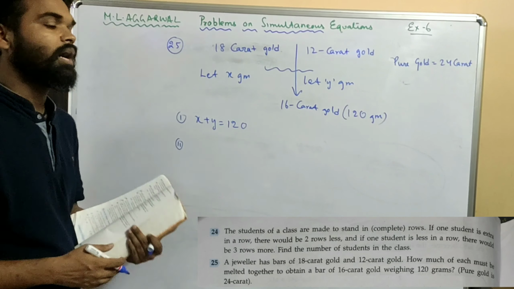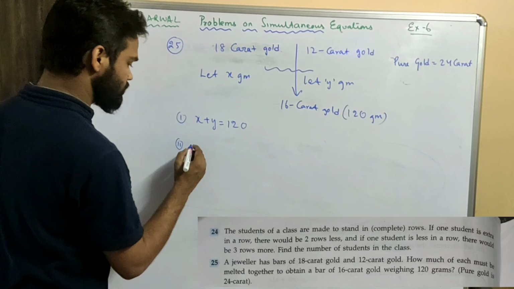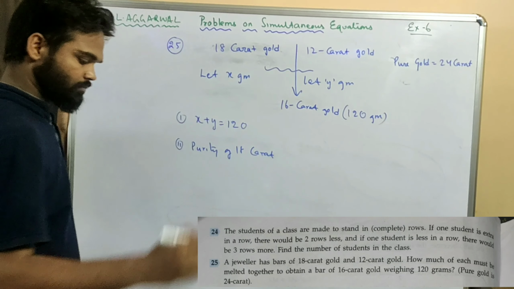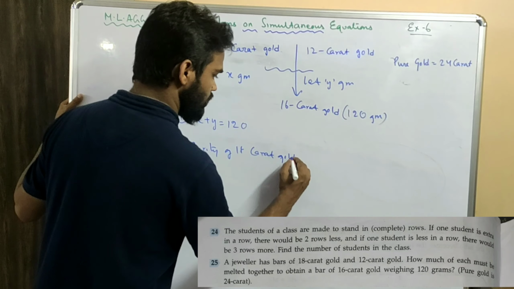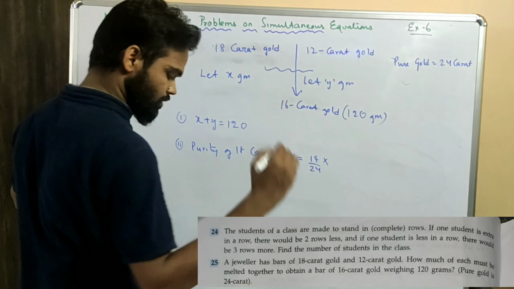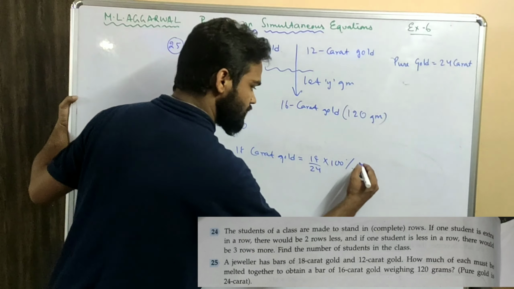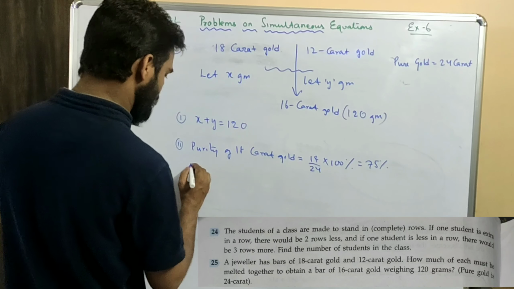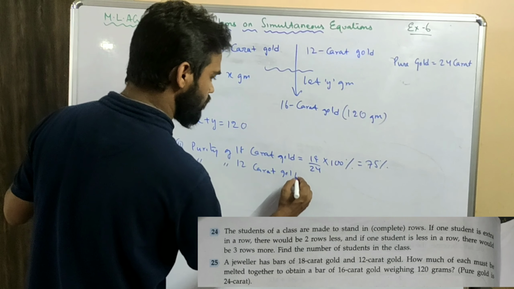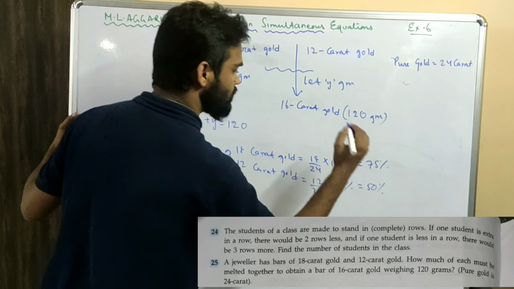Now the second equation, how to form this? Look over here. The purity of 18 karat gold will be 18 by 24 into 100, which is 75%. Similarly, the purity of 12 karat gold will be 12 by 24 into 100%, which is 50%.